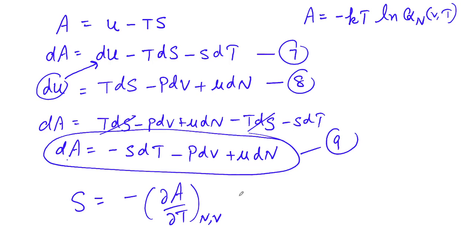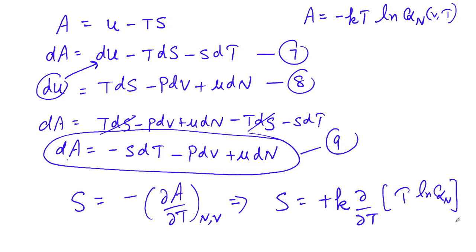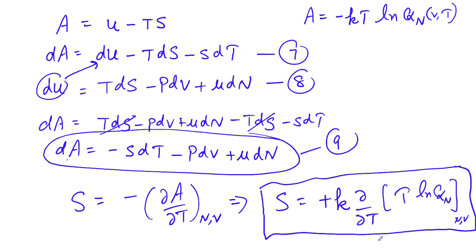Putting the value of this A in this equation, our entropy comes out to be plus k partial by partial T of T log Qn at constant N and V. This is the entropy value, and we can further solve it. Let us say this is our equation number 10.